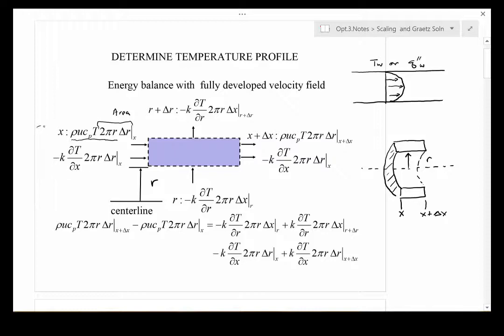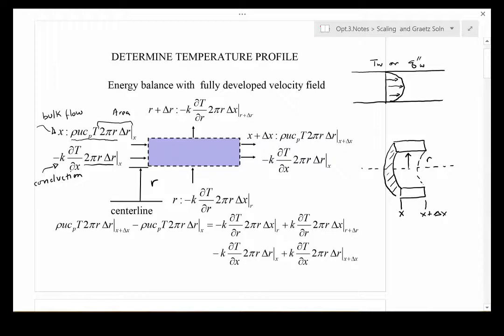This is a bulk flow energy transport. Then we have a conductive transport through that same face. Of course, it's the same area, and you see minus k dT/dx, which is the conductive heat flux.